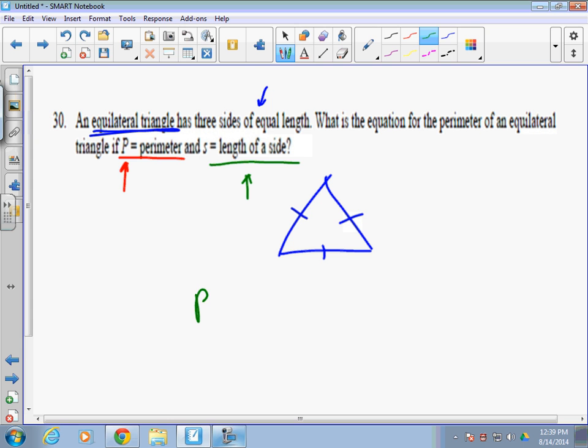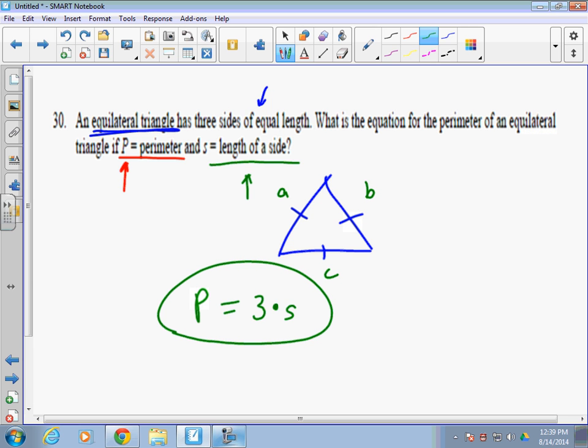So your perimeter, remember, perimeter just means this side plus this side plus this side. But if they're all exactly the same length, then you could do 3 times S, or simply 3S. Just like for a square, you can do 4 times S, whatever that side happens to be.